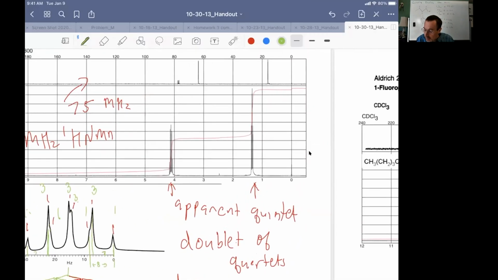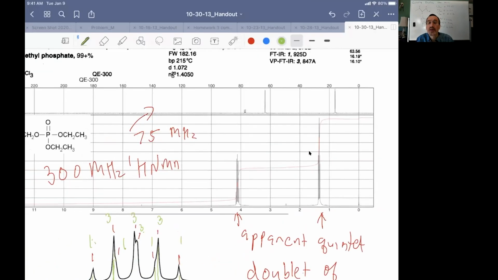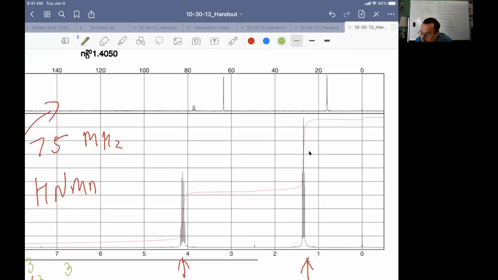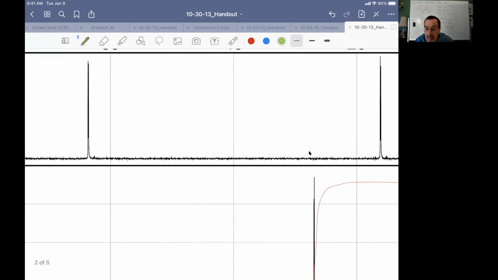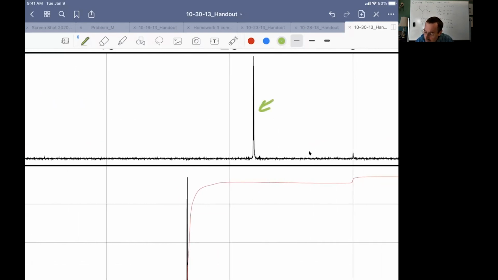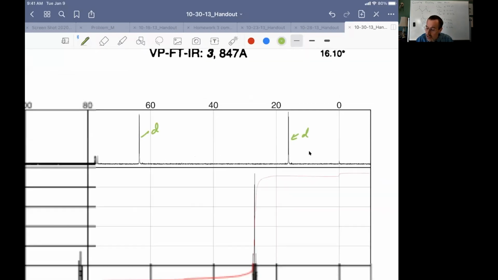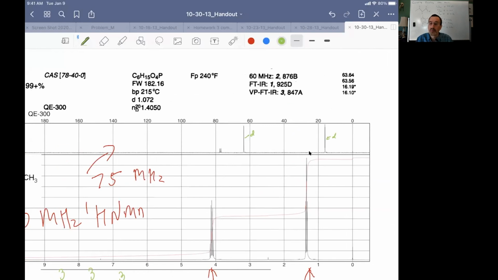So I want to look at the carbon NMR spectrum now. And the carbon NMR spectrum, you can kind of see if you zoom in really close here that we have a doublet for this line, and we have a doublet for that line. In other words, those two carbons are split into doublets.